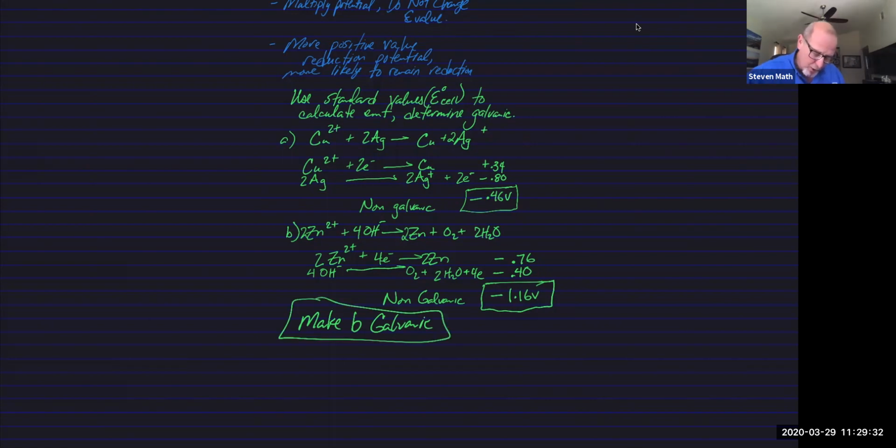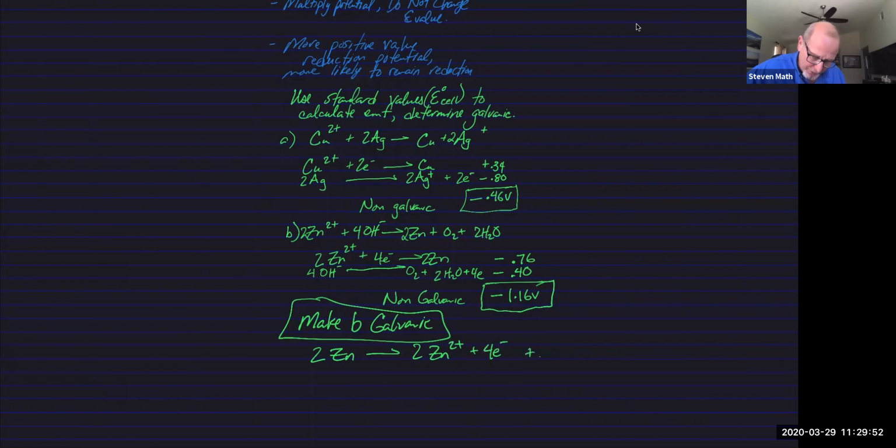How do we do that? We're going to reverse the more negative. So we reverse the top and make that 2 Zn goes to 2 Zn2+ plus 4 electrons.